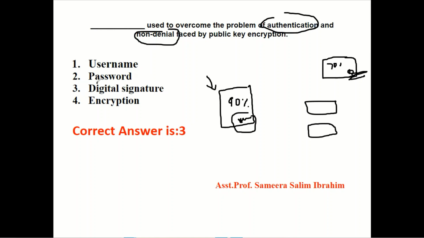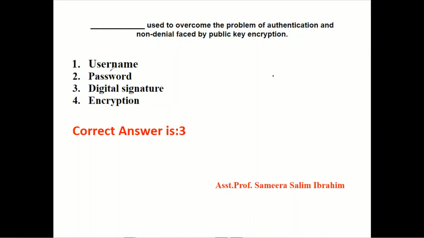This can be done only by a digital signature. So when you provide a digital signature on any e-document, you are providing authentication and non-denial services on your digital platform. So, next question.